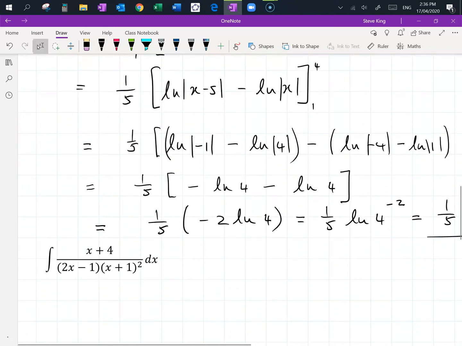The last example, I'm not going to work on that one. You have done enough work on partial fractions to be able to deal with this.